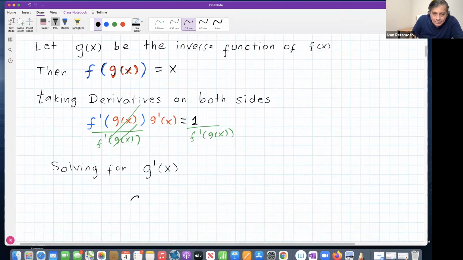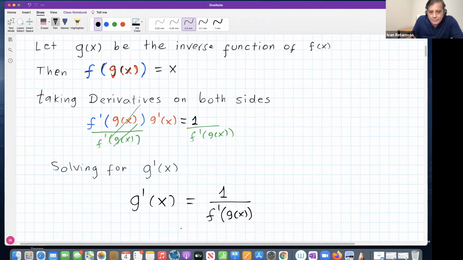Look, the derivative of the inverse function is equal to 1 over the derivative of the given function evaluated at the inverse function. And this is a nice formula that shows how the derivative of an inverse function and the derivative of the original function are sort of reciprocals of each other.